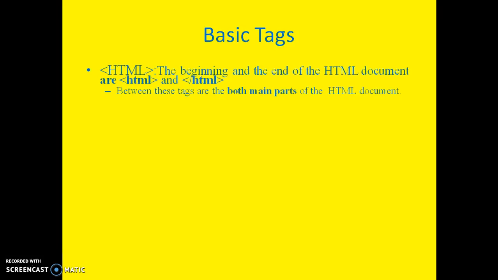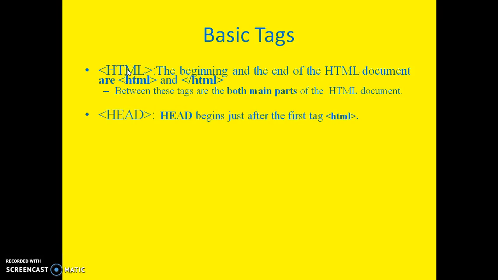Now we are going to see the basic tags that always have to be within my file. The first and main tag is the HTML tag. This HTML tag has to be written within my text file so that it can be displayed. This tag marks the beginning and the end of your HTML document.